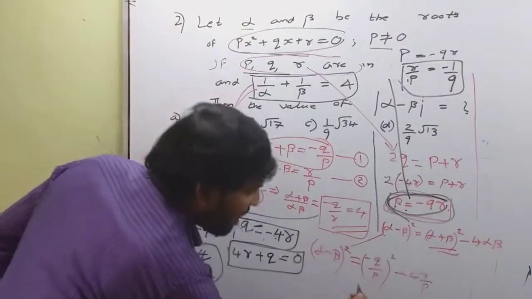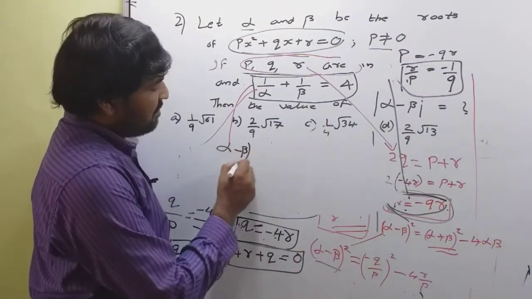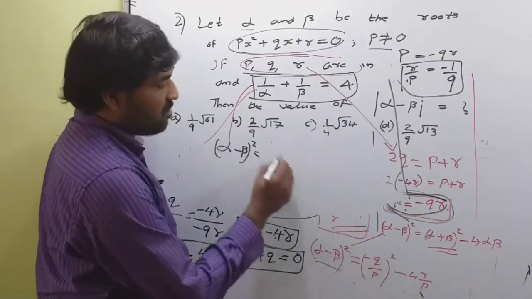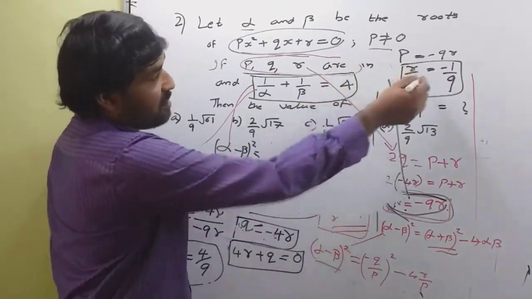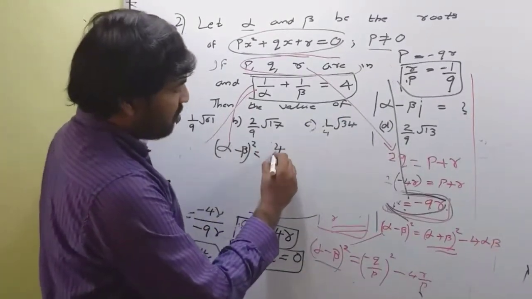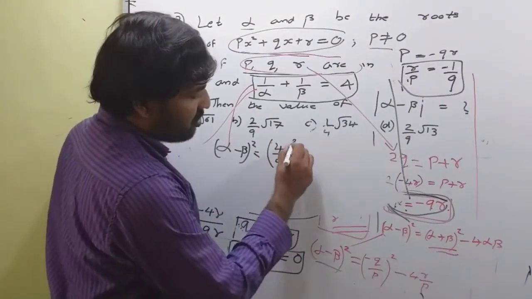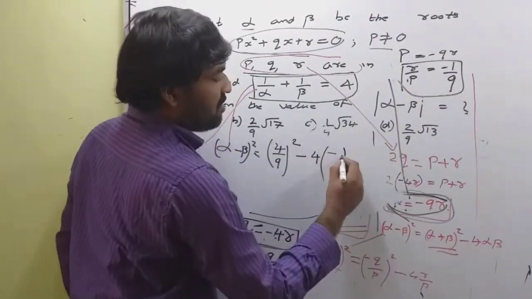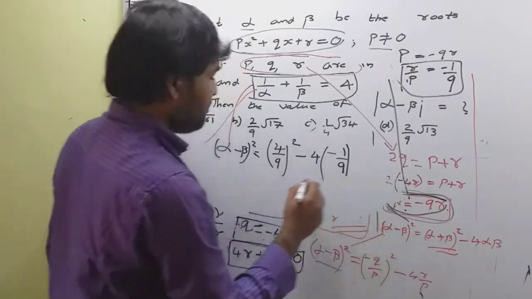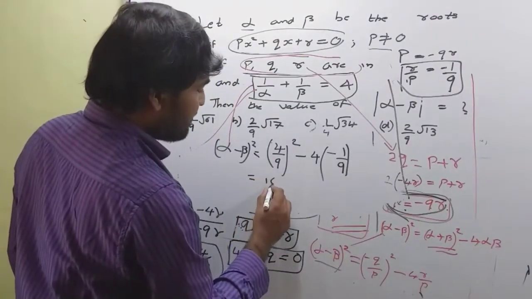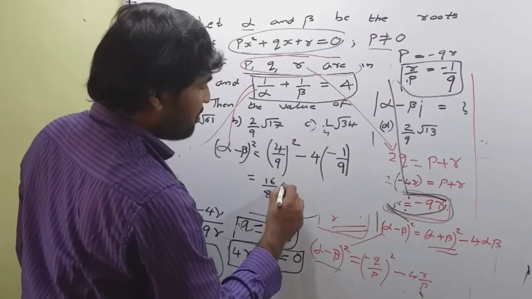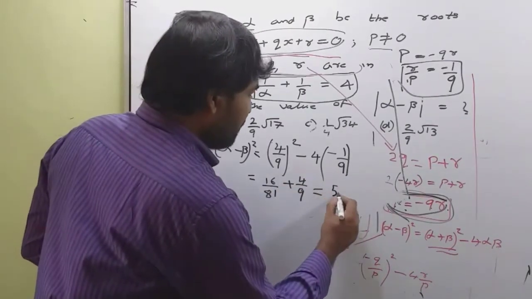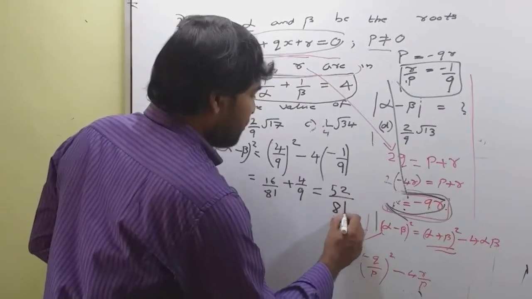Now substitute the values. Alpha minus beta the square is equal to q by p the square, that is 4 by 9 the square, minus 4 into r by p, that is minus 1 by 9. That is equal to 16 by 81 plus 4 by 9, which is equal to 52 divided by 81.